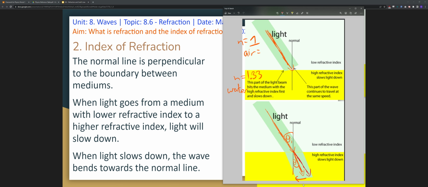But it doesn't go straight. It's slowing down, and when it slows down, it will bend towards the normal line. The angle is smaller than the angle from which it came in. So this is what happens when it goes from a low refractive index to a high refractive index. Your angle decreases and you're moving towards the normal line. Your light slows down.